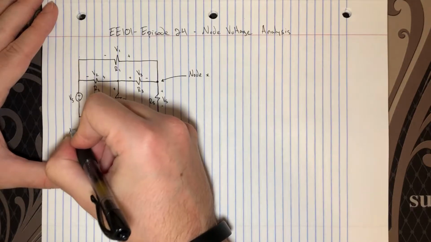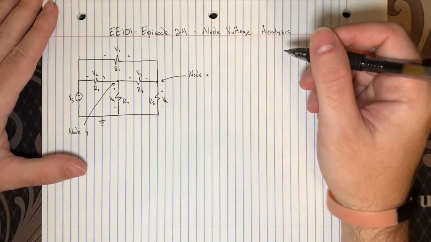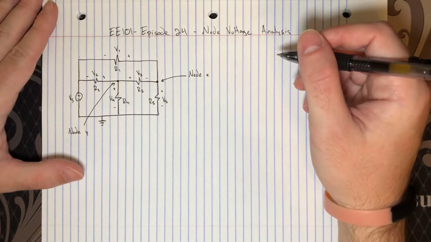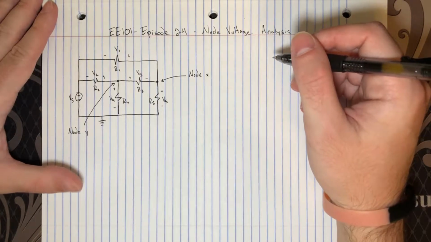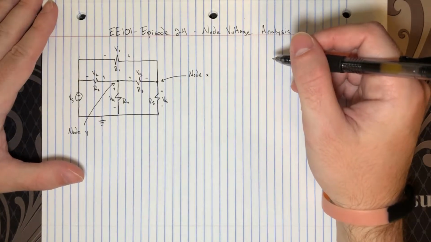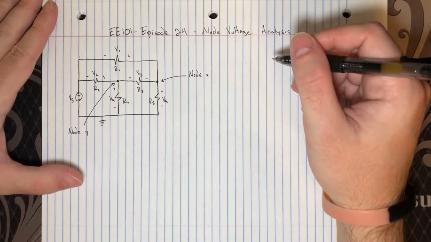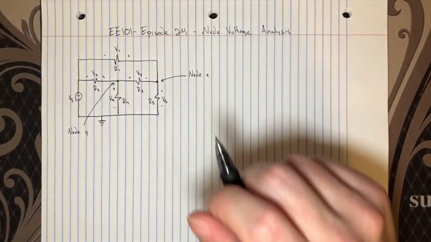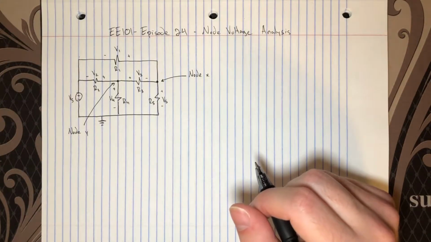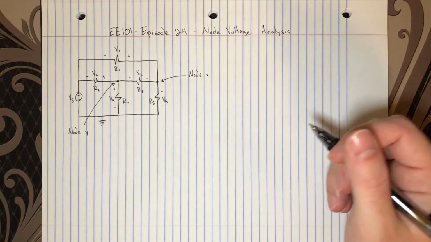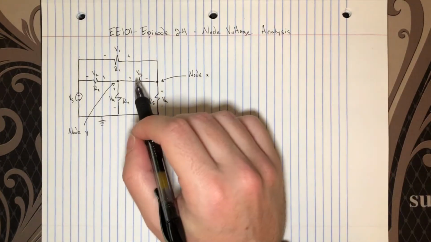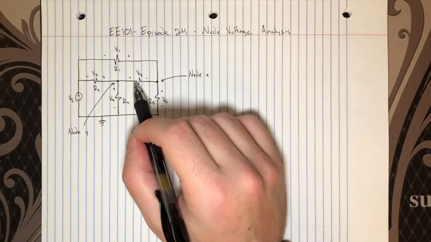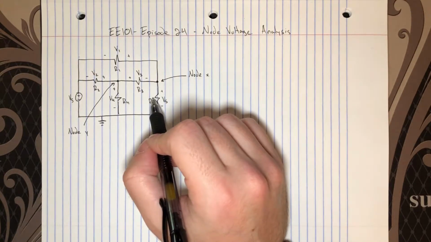We're going to call this node Y. What if I wanted to write V3 as a function of other voltages in this circuit? Well, I might use Kirchhoff's voltage law, for example, to write V3 in terms of V4 and V5.